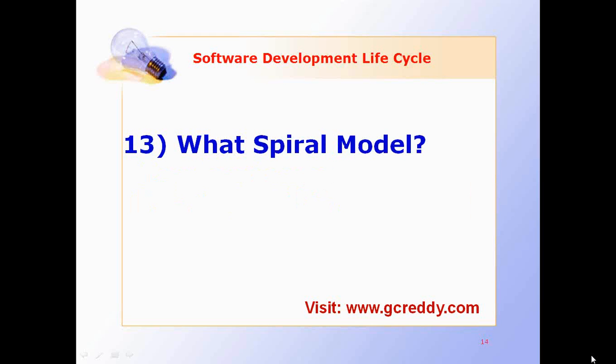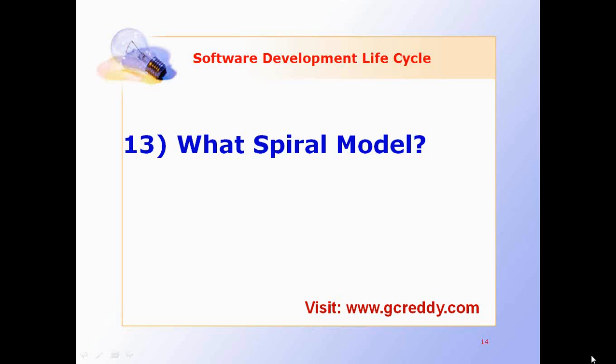Next, what is spiral model? The spiral life cycle model is a type of iterative software development model. See, waterfall model and V model are sequential development models. Spiral model is an iterative software development model, which is generally implemented in high risk projects.